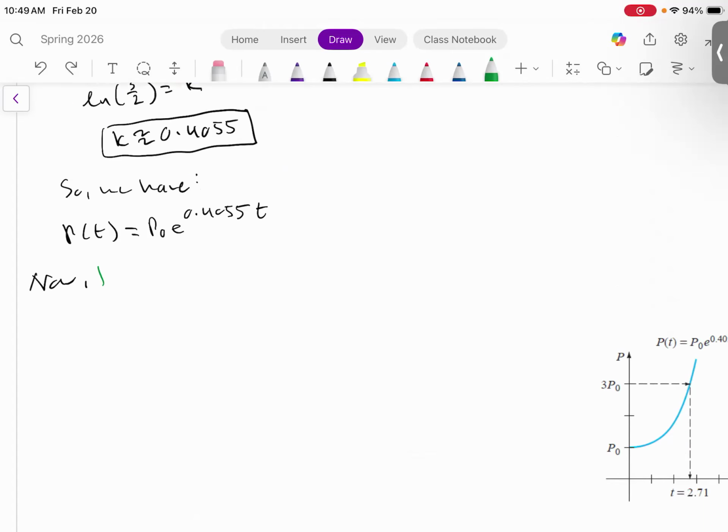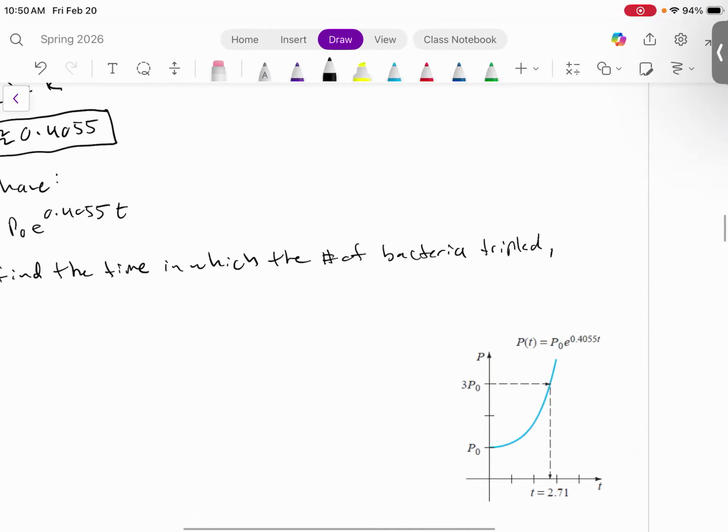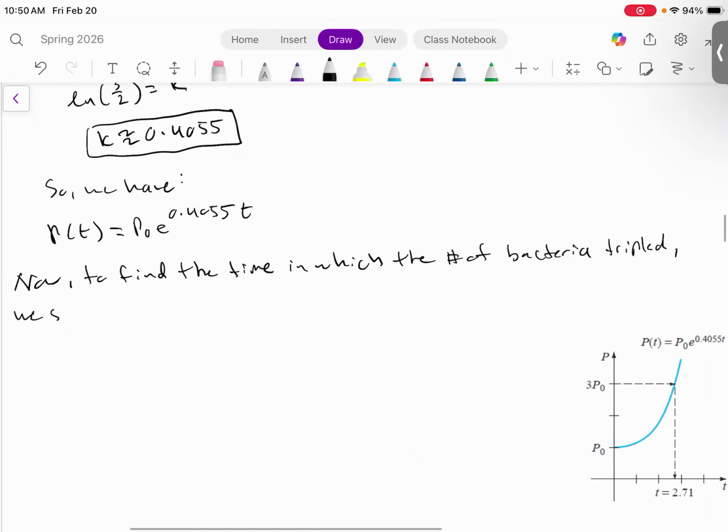So now, to find the time in which the number of bacteria tripled, we set our solution equal to 3 times P naught, which is tripling the population, in which we want to find.